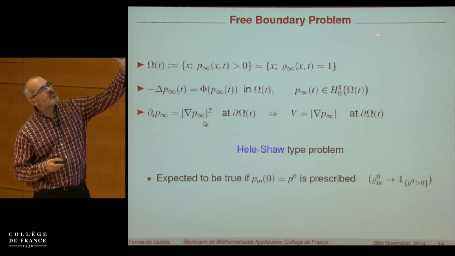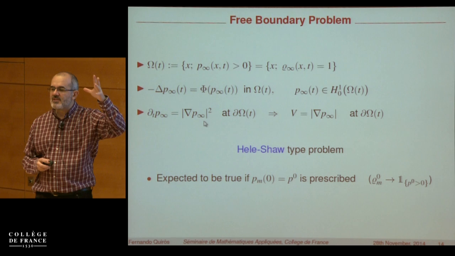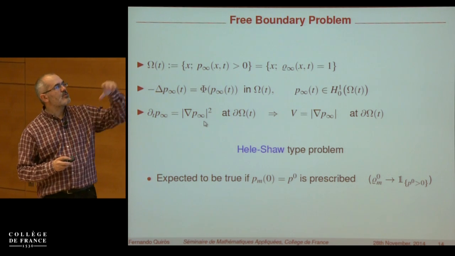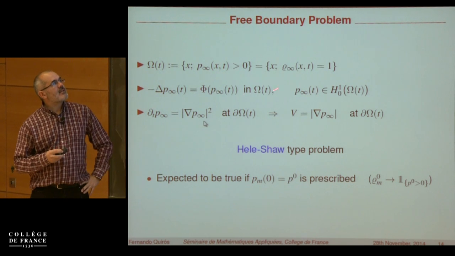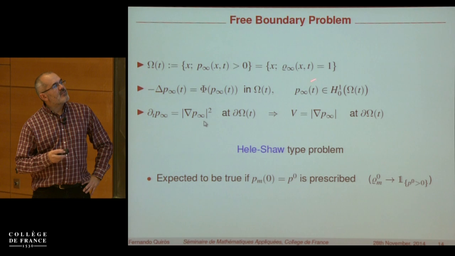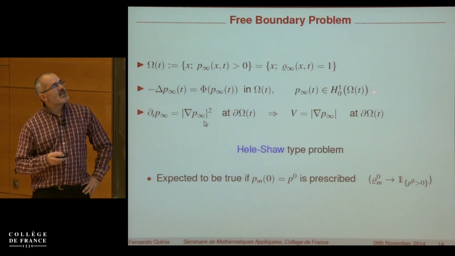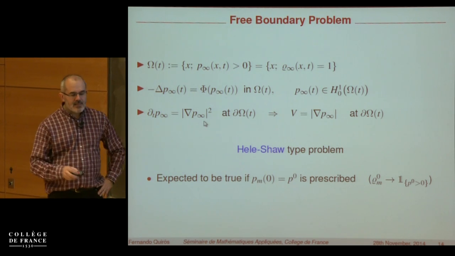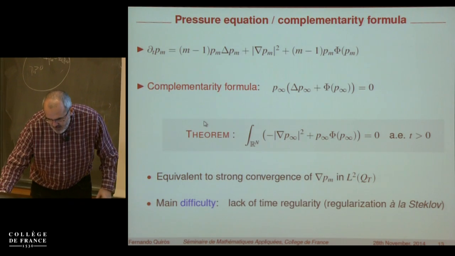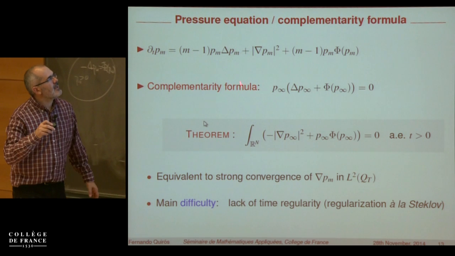In principle, you could have regions where rho is equal to 1 and the pressure is not positive, but we will exclude this in a minute. So in omega t, you have this equation. The p infinity will be in H01 of omega t. You can solve this, but I'm waving hands, I'm sorry.